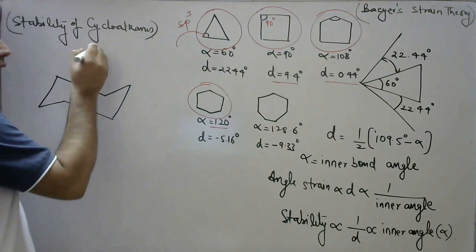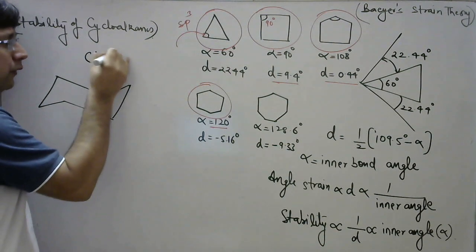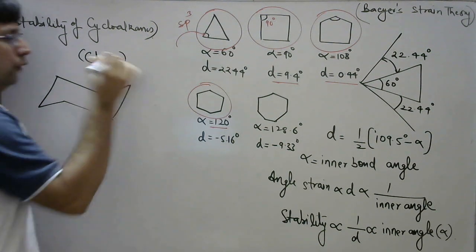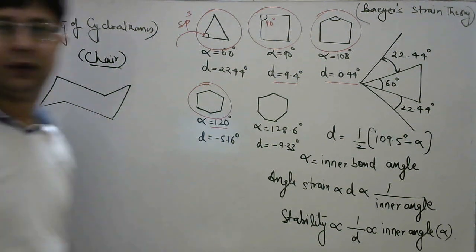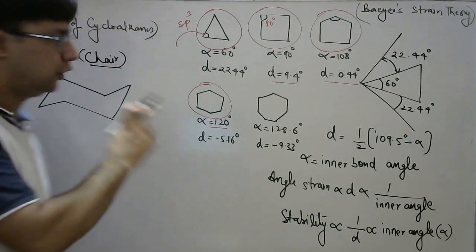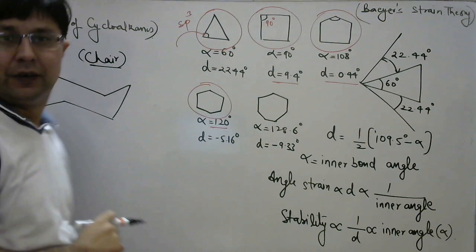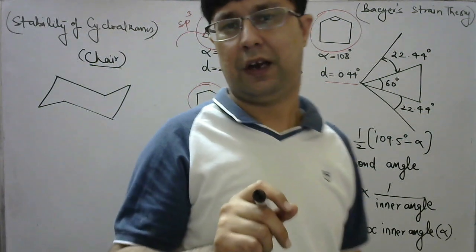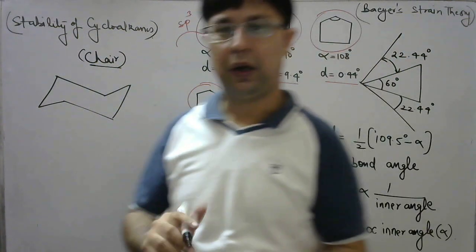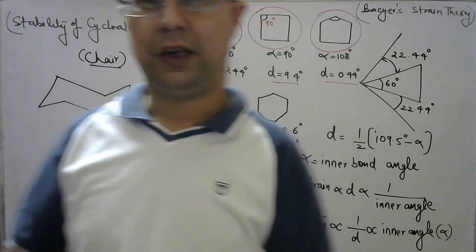The first form which we are analyzing we call the chair form. What do we call this? The chair form. This is the chair form that I have indicated. In this case, every carbon atom is bonded to two hydrogen atoms. Is it clear?